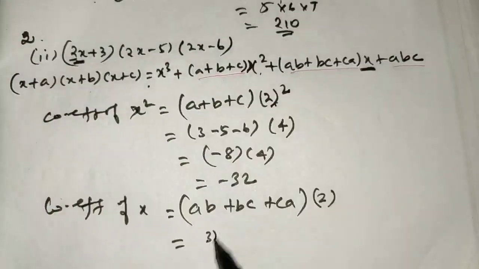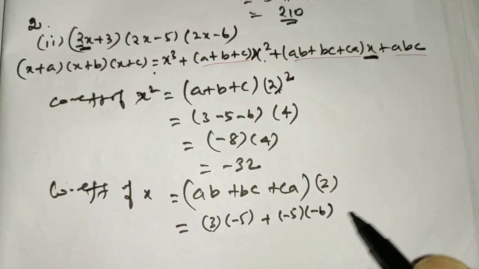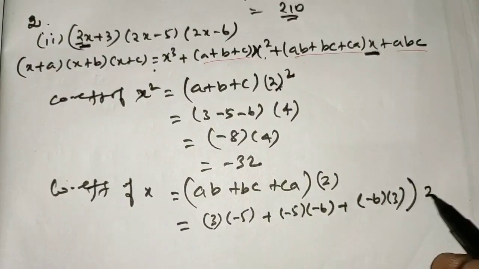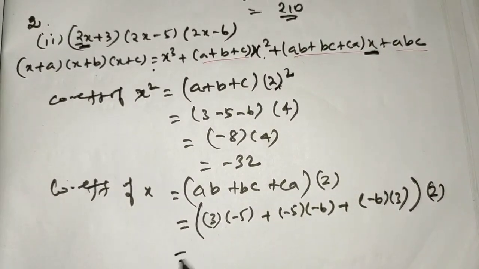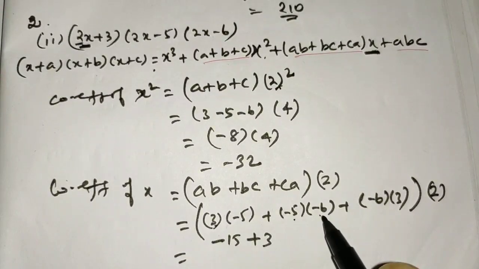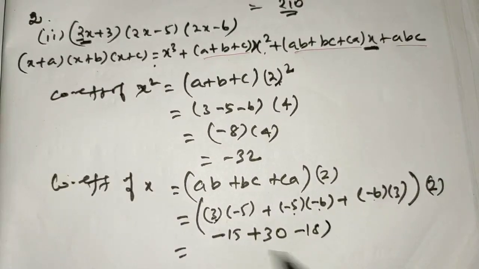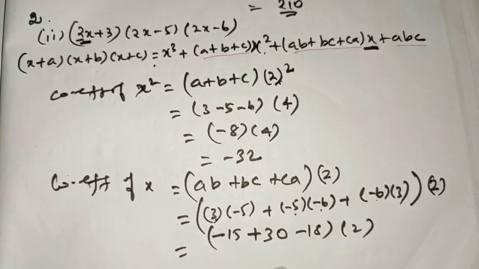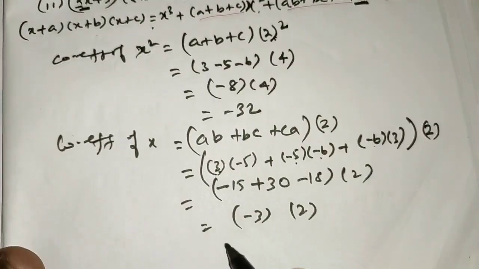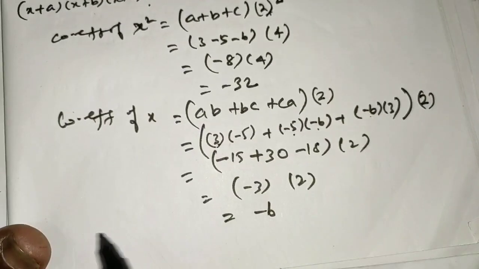So 3 into minus 5 plus minus 5 into minus 6 plus minus 6 into 3, on the whole multiplied by 2. 3 into minus 5 gives minus 15, minus 5 into minus 6 gives 30, minus 6 into plus 3 gives minus 18, into 2. On simplification of this you will get minus 3 into 2, which is minus 6. So this is the coefficient of x.